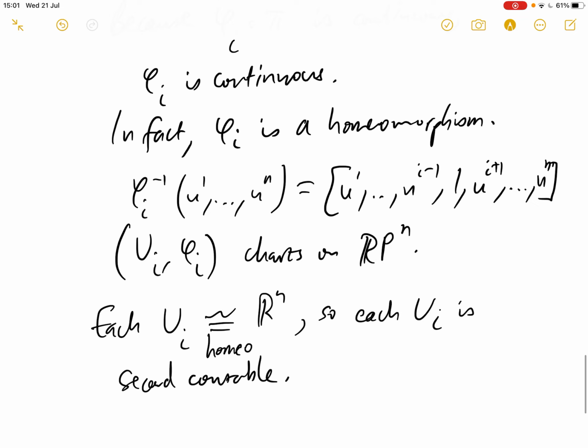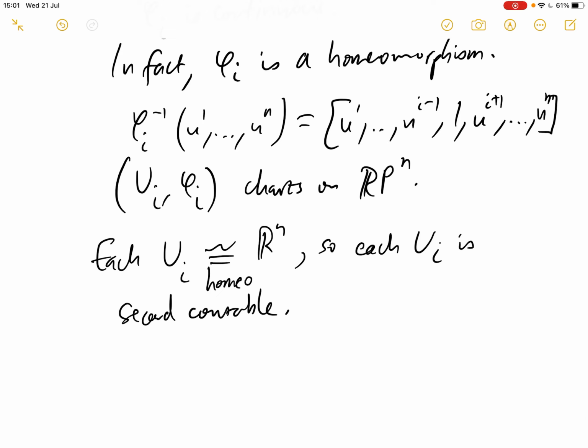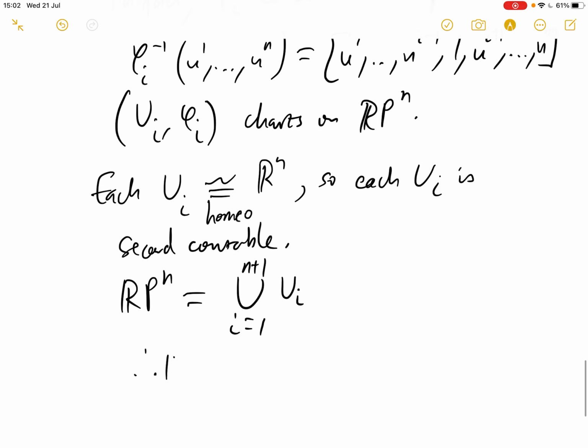And these charts, the U_i, cover RP^n. RP^n is the union from i equals 1 to n+1 of U_i. So this is a finite union of second countable spaces, so RP^n is therefore second countable.